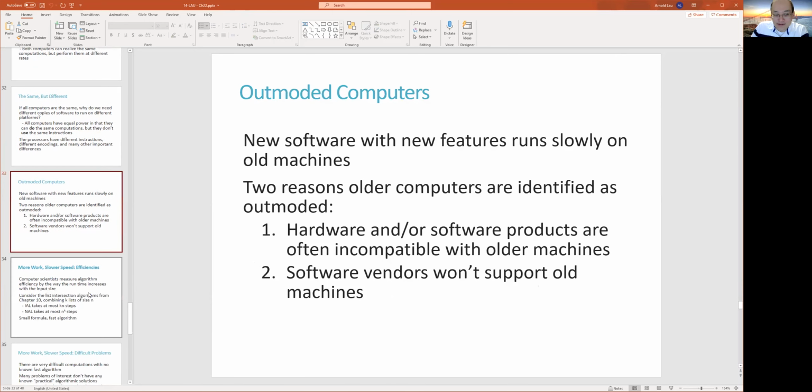Talking about outmoded computers, I think it's kind of self-explanatory. People kind of know this, where if you're trying to run an older computer, you might ask, why does the newest software run slowly on the older machines? So part of it is that the new software might be looking at features that are not available in the old operating system or the old hardware.